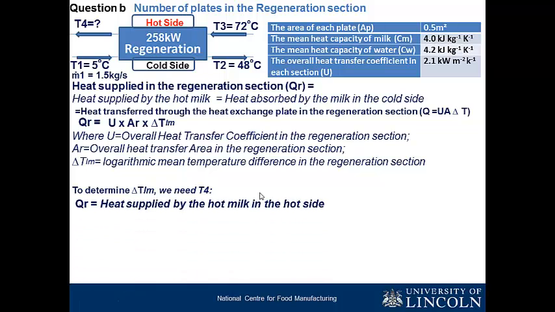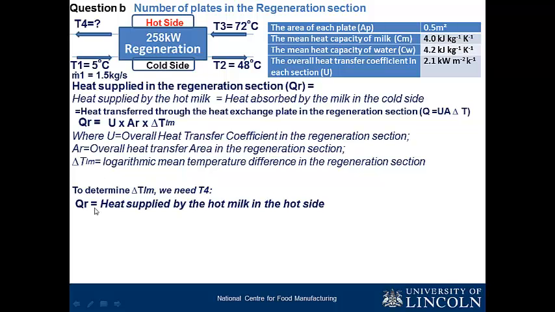Now you know that our Q equals the heat supplied by the hot milk on the hot side. We've been able to calculate that the heat absorbed on the cold side is 258. This same heat must be the heat supplied by the hot side, because we said that the heat loss is negligible. So if the heat loss is negligible, the heat absorbed in the cold side will be the heat supplied by the hot side.